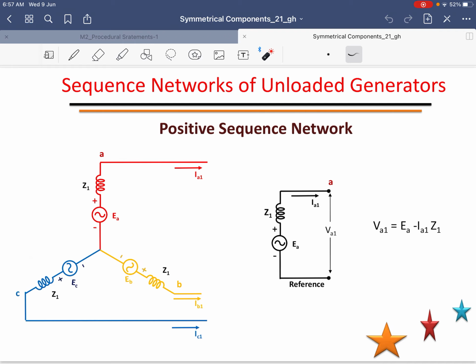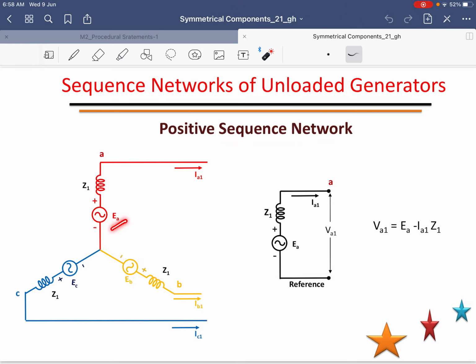The currents are IA1, IB1, IC1. All are equal in magnitude, but their phase displacement is 120 degrees, and the phase sequence of IA1, IB1 and IC1 is the same as the original phasors in the case of positive sequence. And one more thing I told you: the source of voltage is represented in the positive sequence network of a generator.